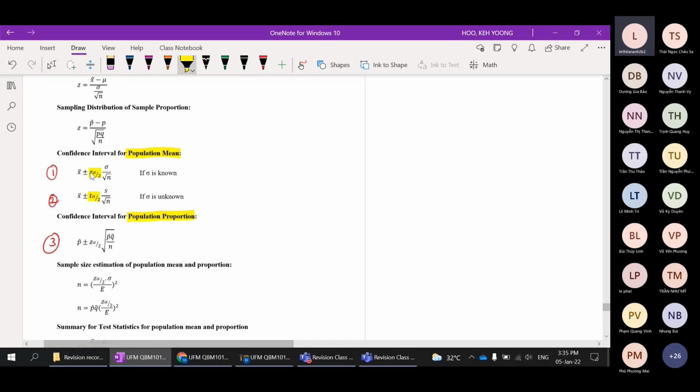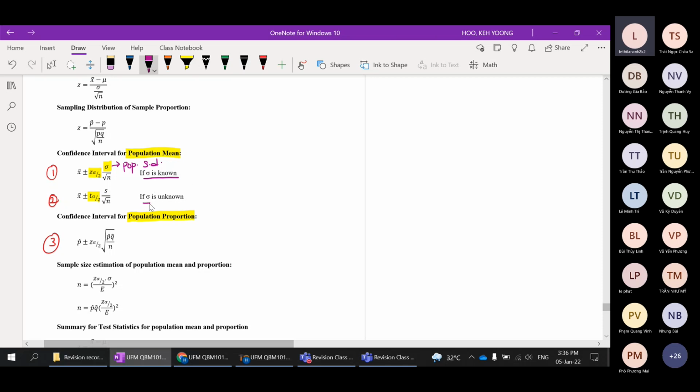When we are using Z, we use the population standard deviation. So this sigma is the population standard deviation. The first case is if we know the population standard deviation, meaning the question tells us the value, then we use the first formula.